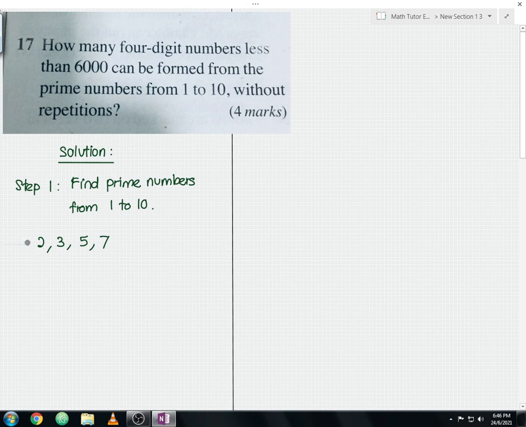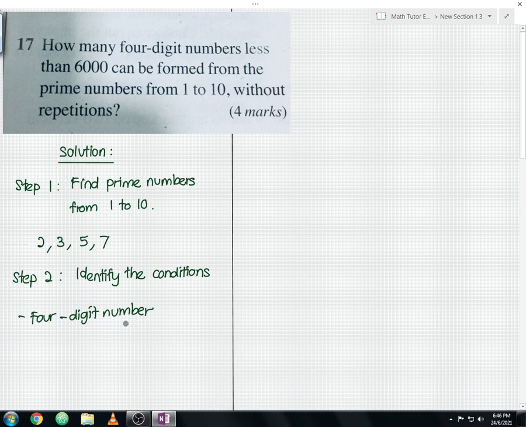Okay, so once we identify the step 1, okay, let us proceed to the step 2, where we need to identify the conditions. Okay, let me write the working here. Okay, so the conditions mentioned by the question is 4-digit number, okay, where it should be less than 6,000.